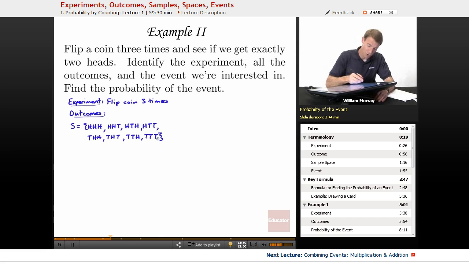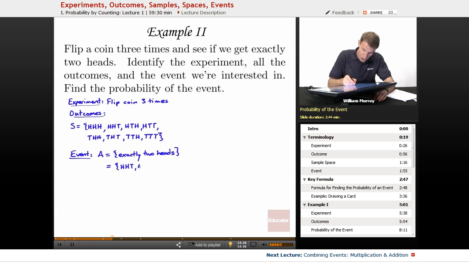The event that we're interested in is that we get exactly 2 heads. So exactly 2 heads. I want to figure out which of those outcomes satisfies that criterion. So exactly 2 heads would mean certainly HHH doesn't, but HHT does.